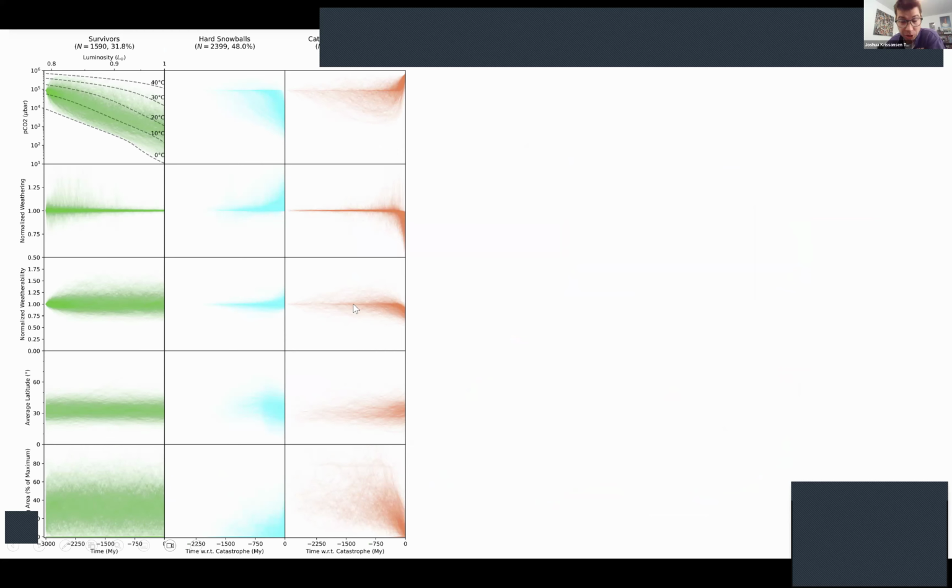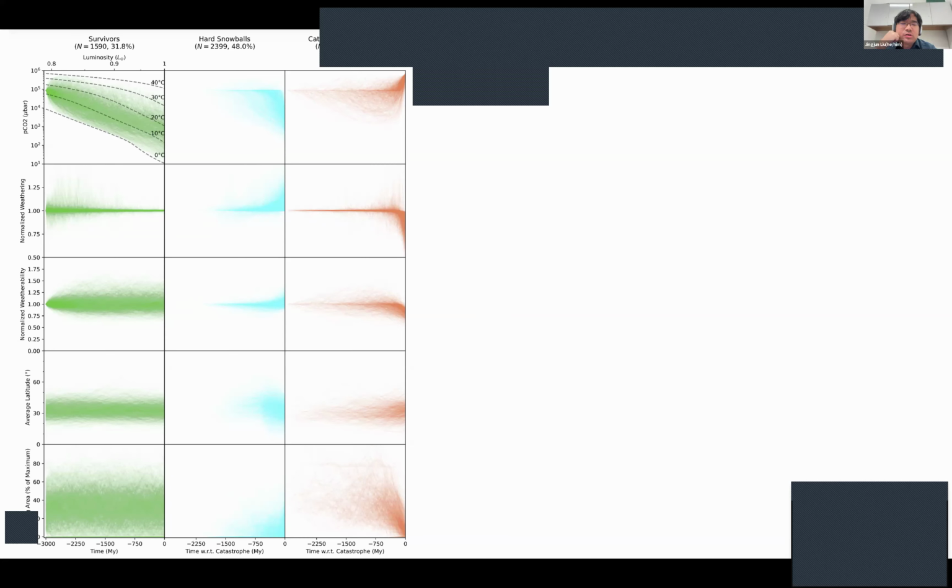But when you impose temperature-dependent seafloor weathering, basically all of these hard snowballs and catastrophic warming outcomes disappear. You only get much more regulated temperature evolution, because so long as you have continuous production of oceanic crust and some temperature dependence to respond to changes in surface climate, then you don't have these extreme variations in surface temperature. Does that answer your question?